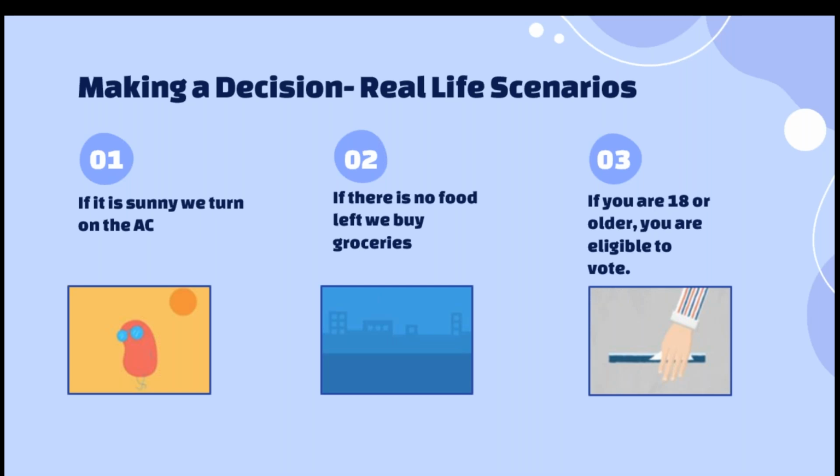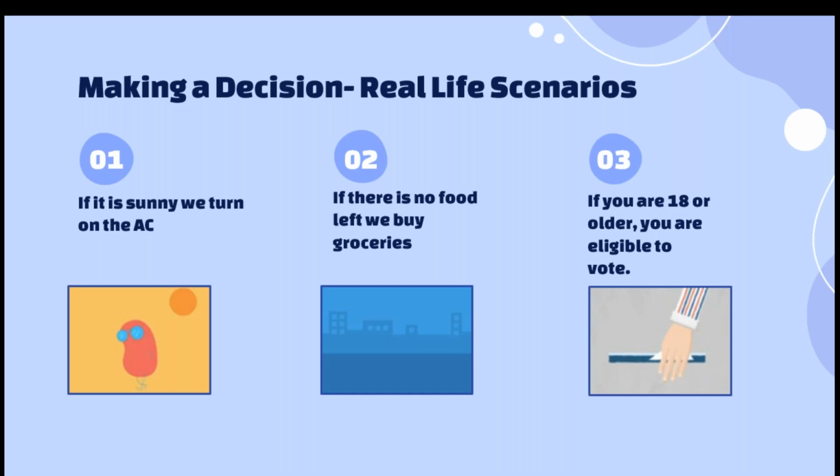If it's sunny, or a certain temperature, or pretty hot, we would want to turn on the AC. Similarly, if there's no food left, we need to buy groceries. And if you are older than or equal to 18, you are eligible to vote. As you can see, all of these real life situations start with the word if. If something is happening, then something else will happen. And that's exactly what this is.